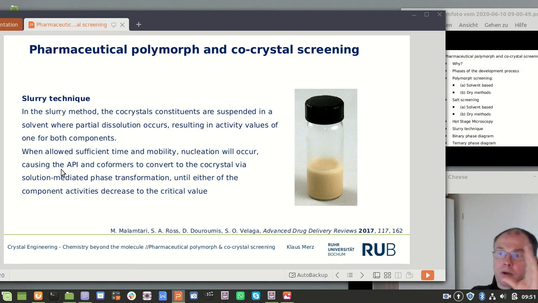And in this case, the API and co-former will form a new co-crystal by solution-mediated phase transformation. Slurry techniques are the method if you really want to get the most thermodynamically stable compound.